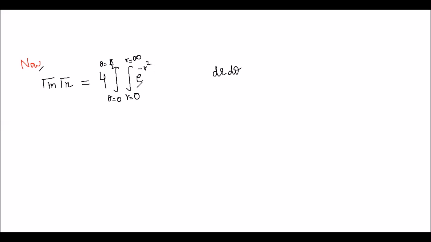And x raised to power 2m minus 1 will become (r cos theta) raised to power 2m minus 1. y raised to power 2n minus 1 will become (r sin theta) raised to power 2n minus 1. Then we will have the Jacobian, which is r, and our order of integration is dr d theta.